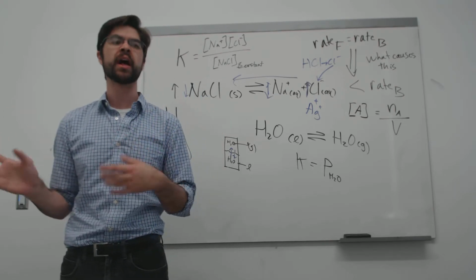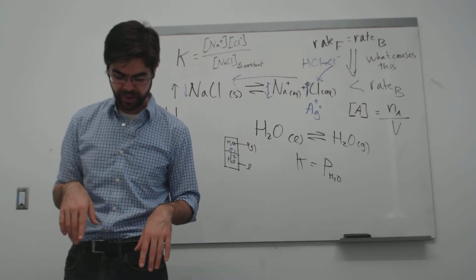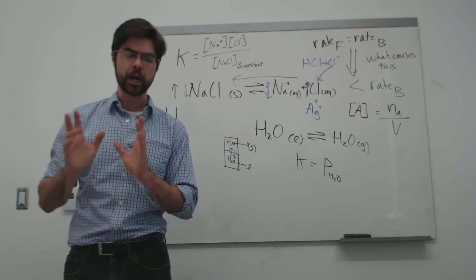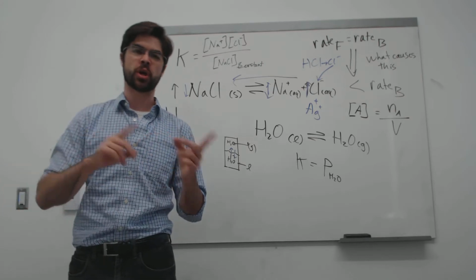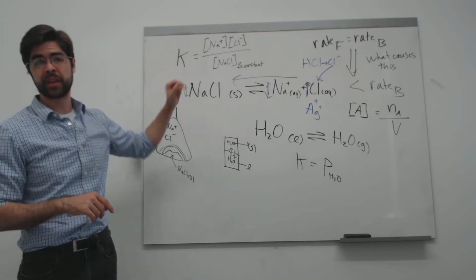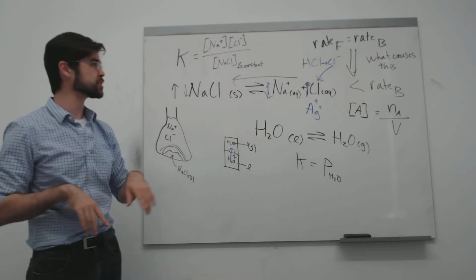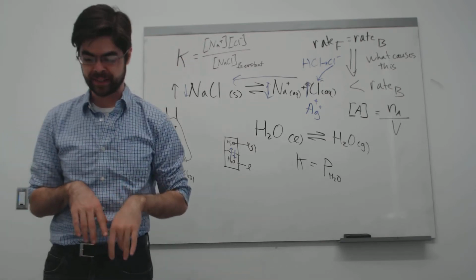Is that determined by solubility rules, or whether something is a weak or strong acid? No. Whether something is a weak or a strong acid, or whether something is soluble or insoluble, is determined by the value of the equilibrium constant. How a reaction shifts is determined by the form of the law of mass action.